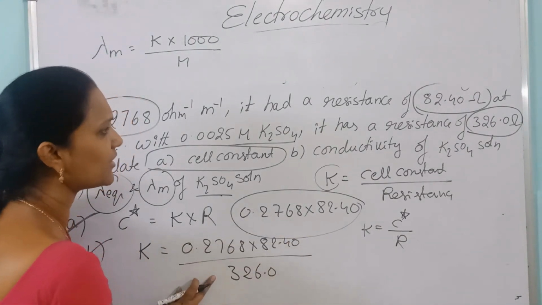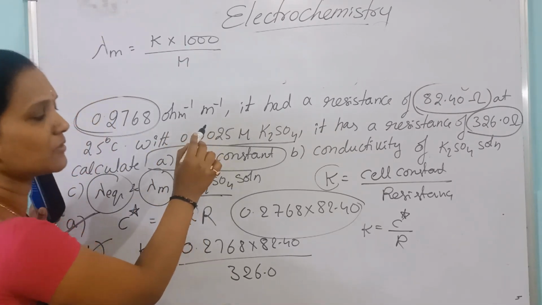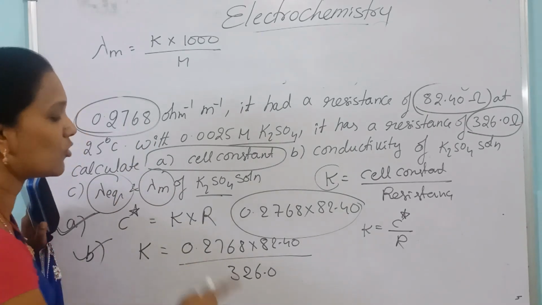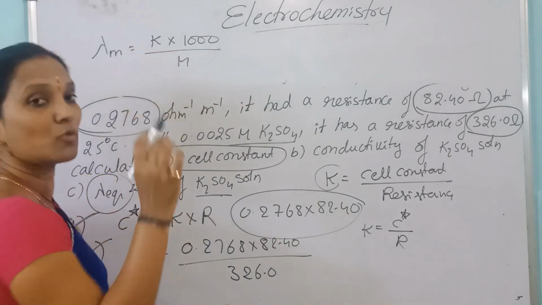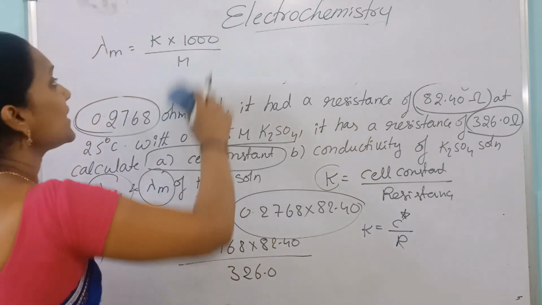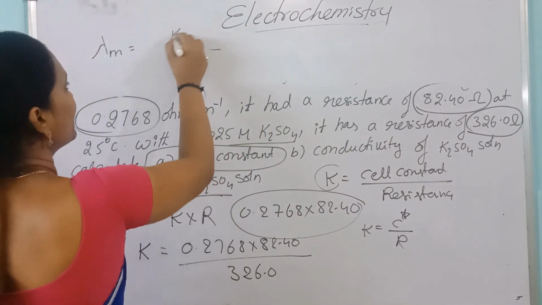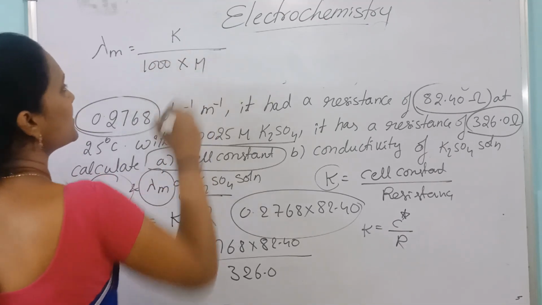Ohm inverse, centimeter or meter? This is given in meter inverse. If this is in meter inverse, we get meter only. So ohm inverse, meter inverse. So we are getting the K value in ohm inverse meter inverse. Since it is meter, what is the formula? K by 1000 into M.